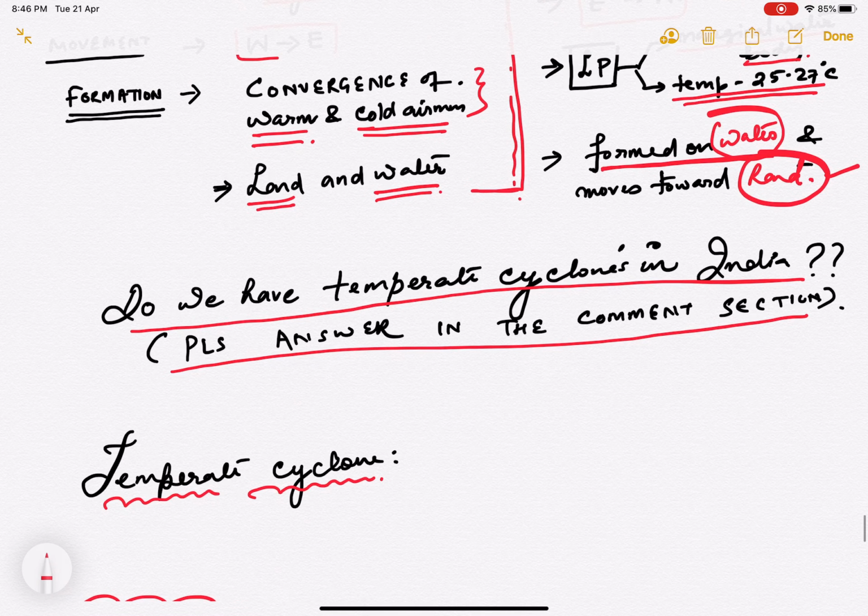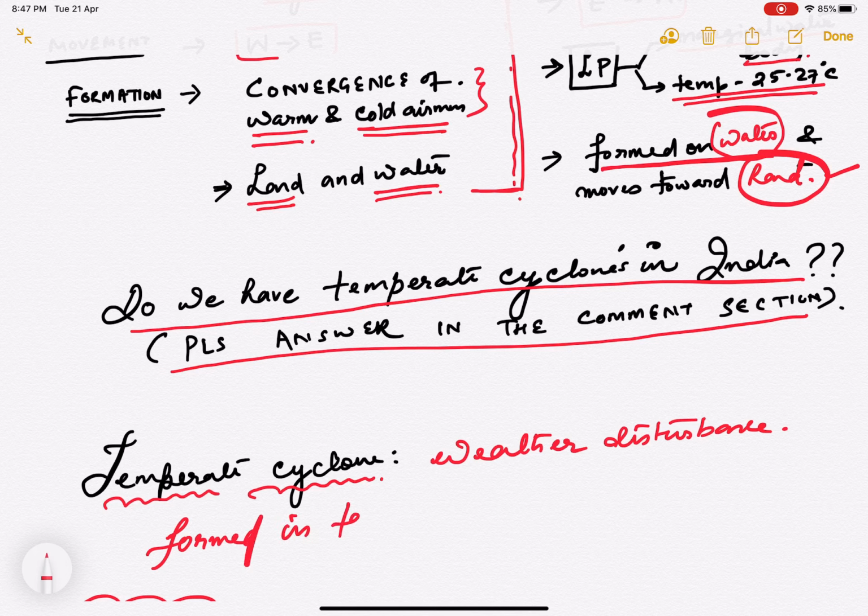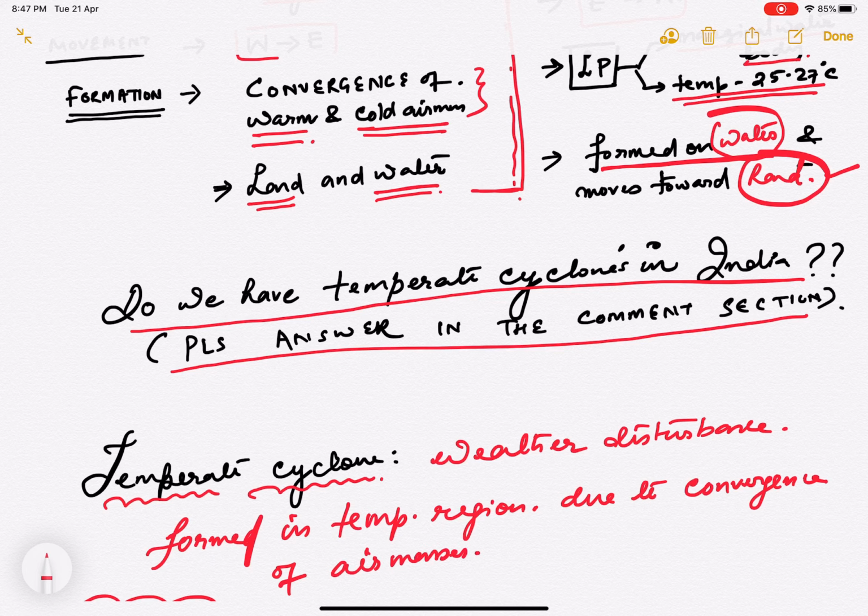Temperate cyclone, basically I would call it a cyclonic disturbance or a weather disturbance caused or located or formed in temperate regions due to the convergence of air masses with different temperature, in bracket cold and warm air mass.